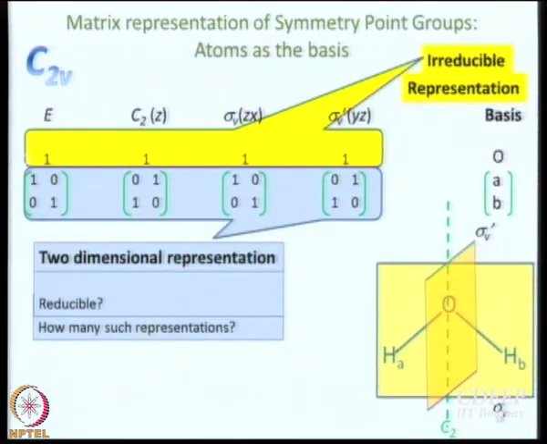Doing similarity transformations over and over again for everything, that is not such a nice thing to do. So, that comes from something called the great orthogonality theorem, and the great orthogonality theorem arises out of a group theoretical treatment of this problem of symmetry operations. So, that is what we are going to learn in the next few classes, right.